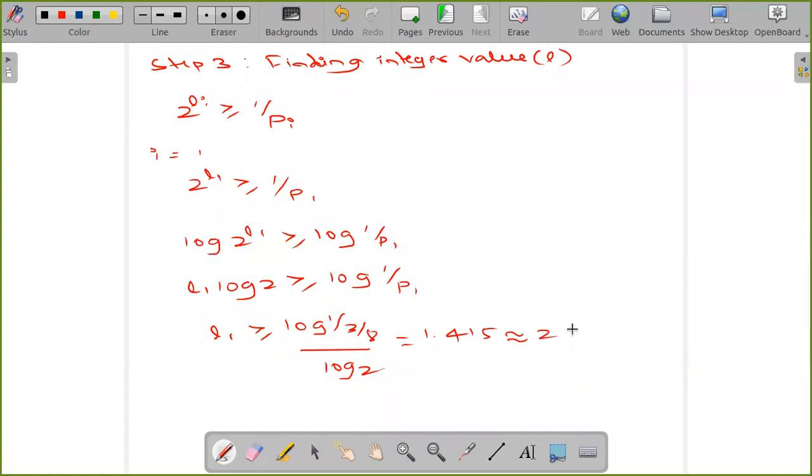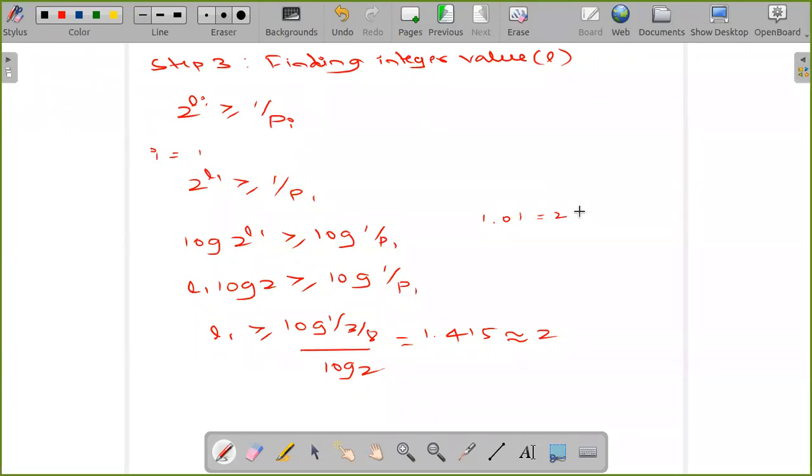Next integer means even if it comes as 1.01, I should take it as 2. Even 1.01 cannot be considered as 1 here. Whatever the point value, we take the next integer, because I want rounding towards the next integer.